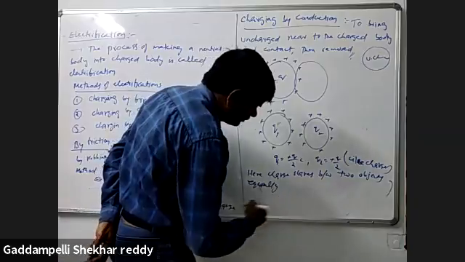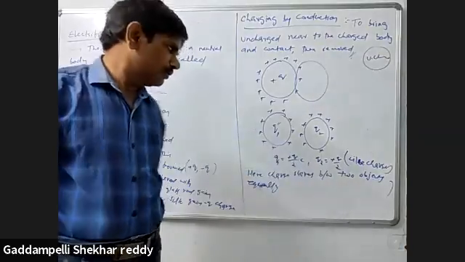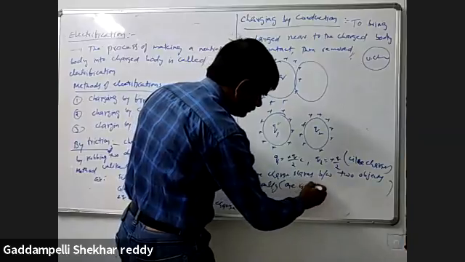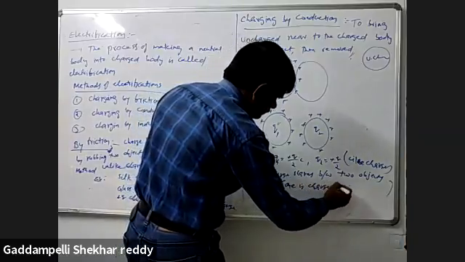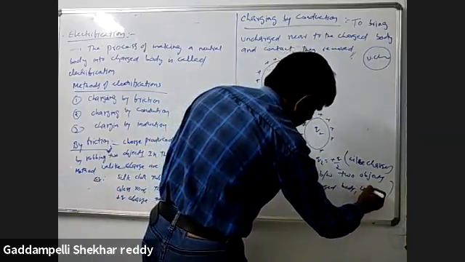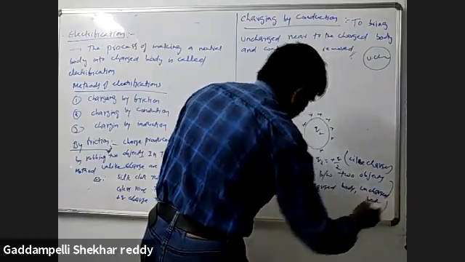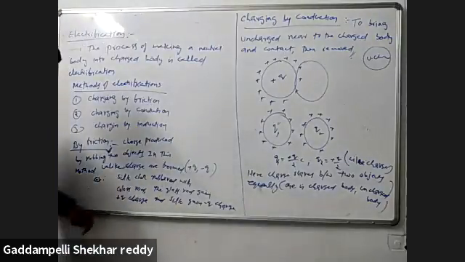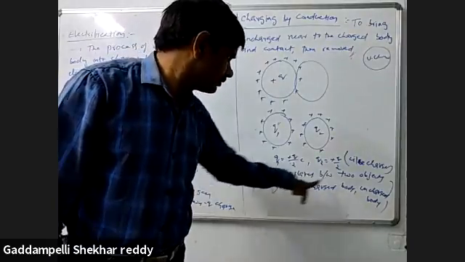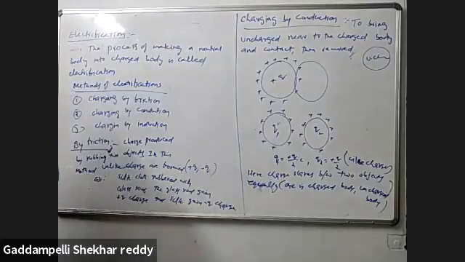Your charge stays between the two objects equally. One is the charged body and the second one is the uncharged body. This is the second method. In the friction method, unlike charges are formed. In this method, like charges are formed. So next, another method.